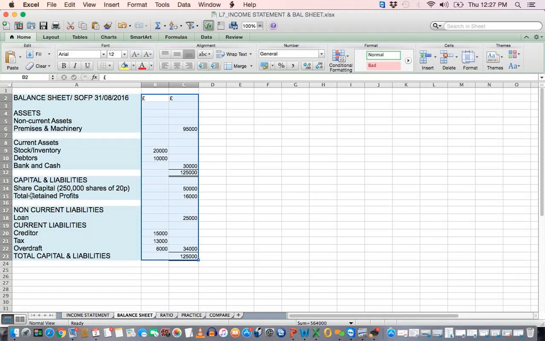Here we can see the stock position and bank and cash. We can see the share capital, and then any kind of loans, and other current liabilities like creditors, tax payable, and overdraft. So these are a glimpse of the balance sheet.